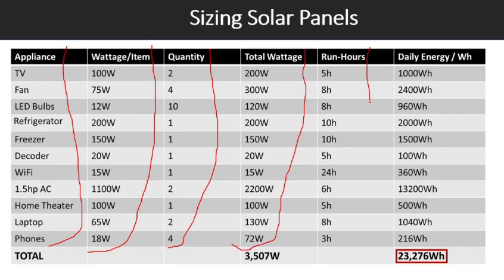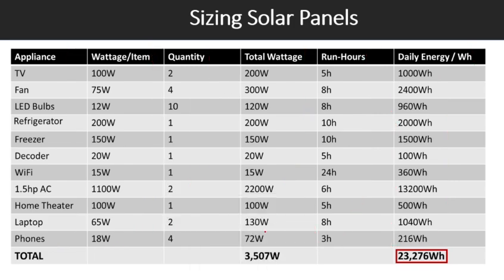The next column is their running hours, how many hours these appliances run in a day. The last column is their daily energy consumption.